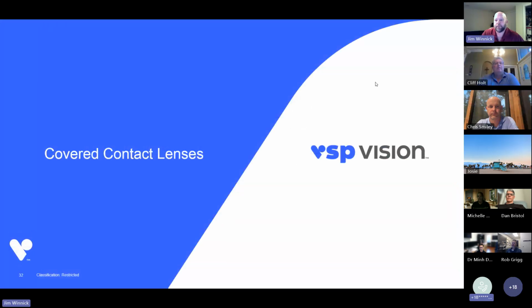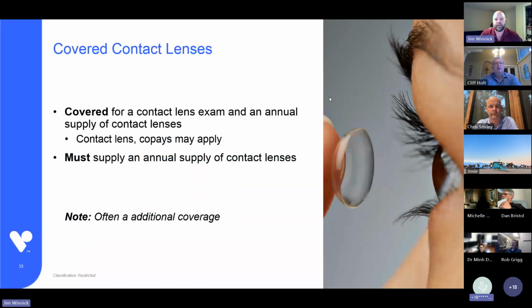Okay, those are the basic plans that we should be seeing pretty much every day, and how to use them properly. Let's move into covered contact lenses. So covered contact lenses, this is usually an additional coverage, a secondary coverage to patients. Tesla is in my area. They have this as a secondary coverage.